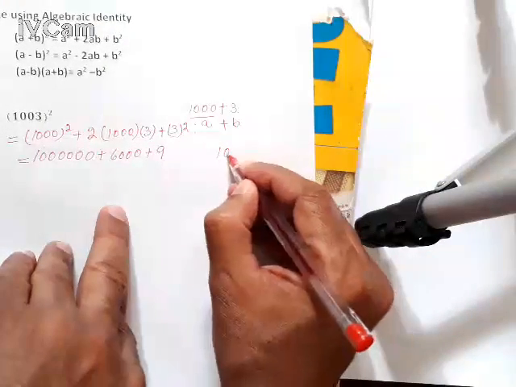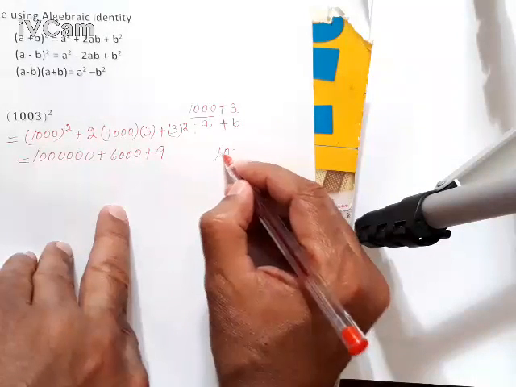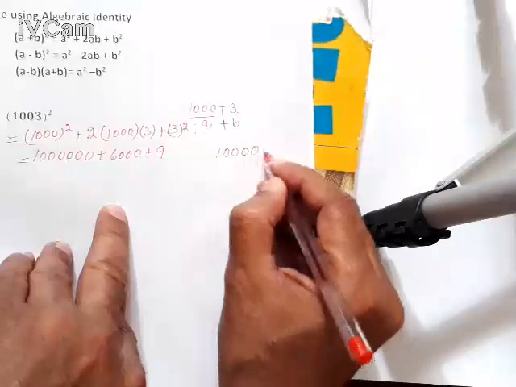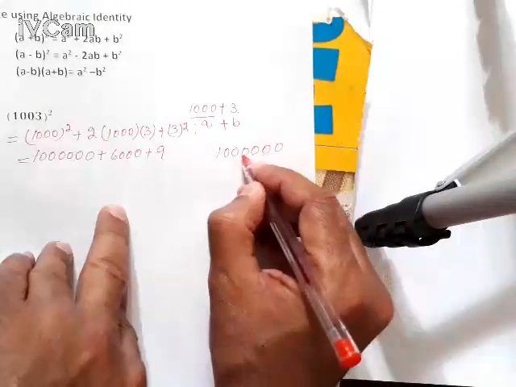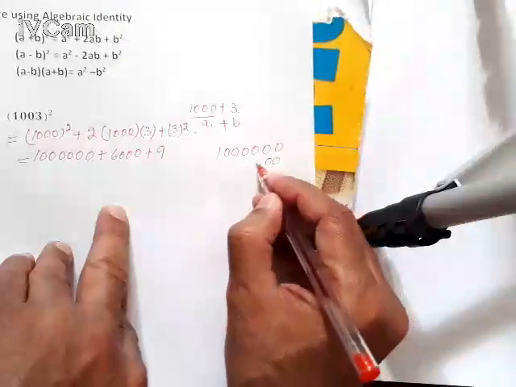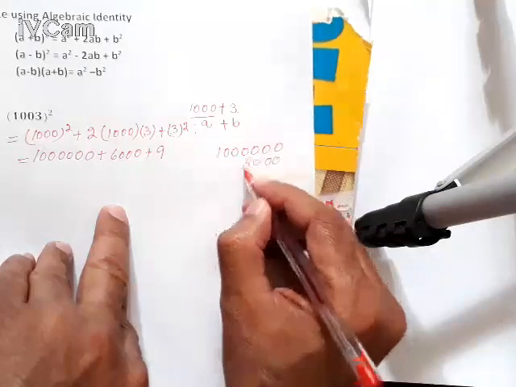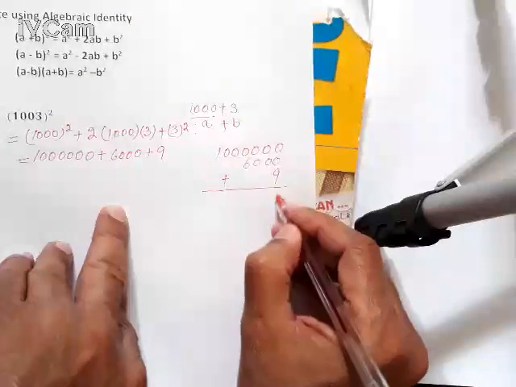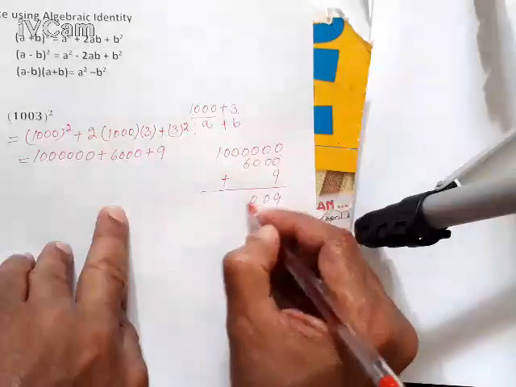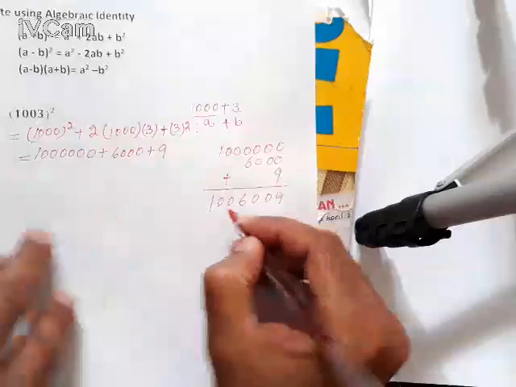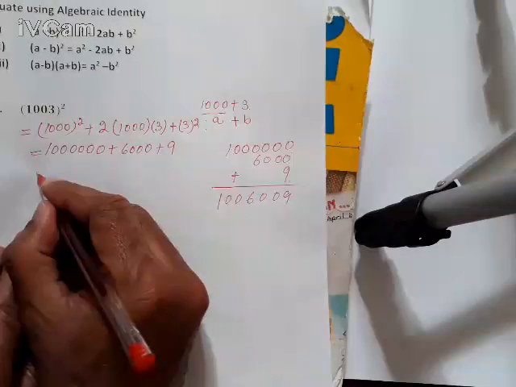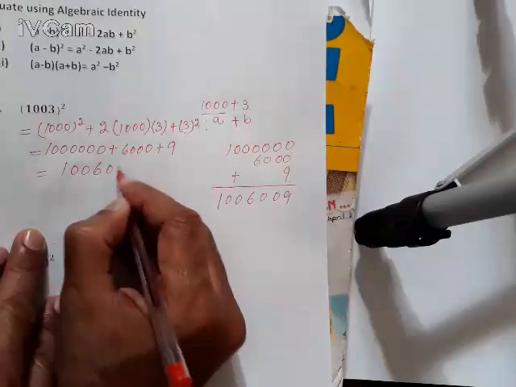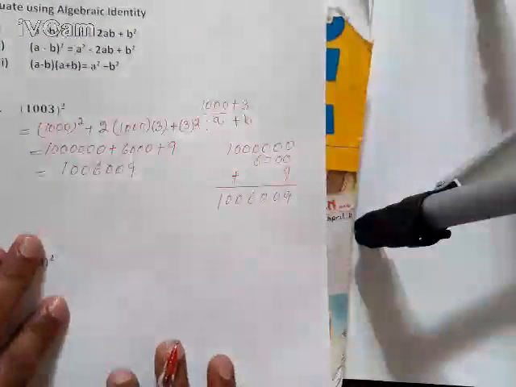So 1 0 1 1, then you have to write 6 zeros, 1 2 3 4 5 6, and then you have to write 6000, and then you will write 10, and then add vertical wise. So it's a 9 0 0 6 0 0 1, and after adding we will write 1 0 0 6 0 0 9. So this is our final answer.